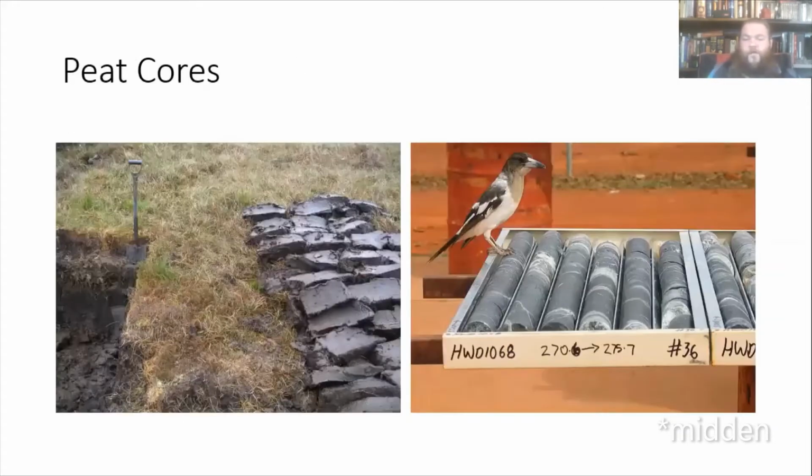I should talk a little bit about what Peat Cores are and how we can use them. Peat is essentially a kind of biological sludge that is laid down by decaying plant matter year after year after year in lakes and bogs.